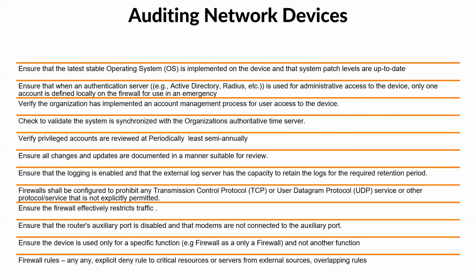Thirdly, you should verify that the organization has implemented account management processes for user access. This is very important. The account management process is where we define things like, as auditors, this is where we are checking to see who actually has administrative access.